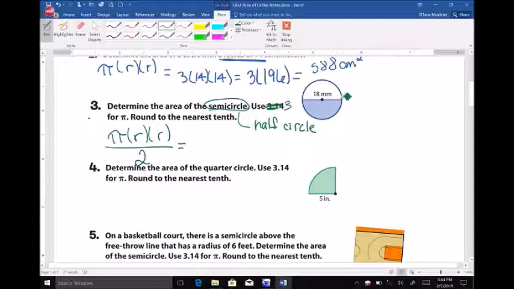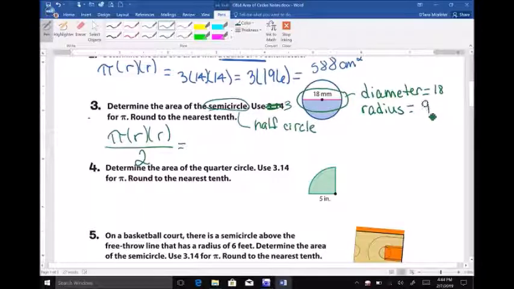Now, they gave us the diameter, the distance all the way across. So we need to make sure we find the radius, which is half the distance. And half of 18 is 9. Very good. So now we're going to use pi. And remember, we said we were going to use 3. So I have 3 times 9 times 9 divided by 2. I'm going to do 9 times 9 first.